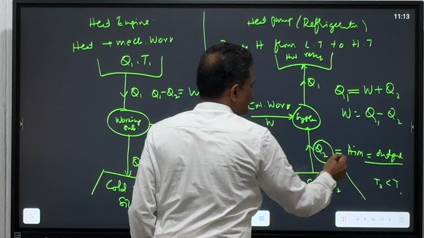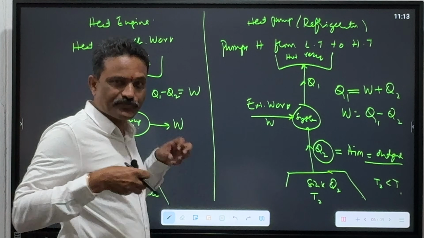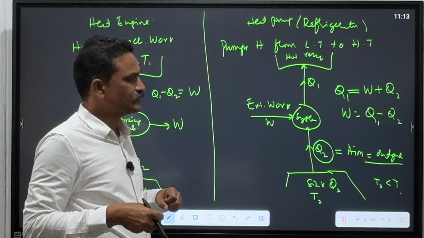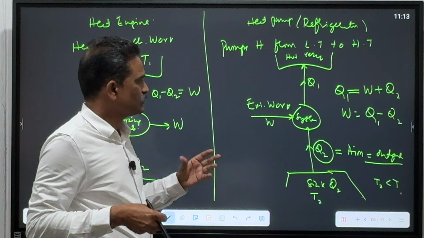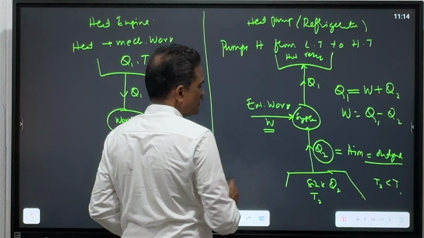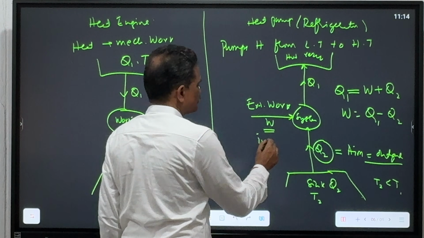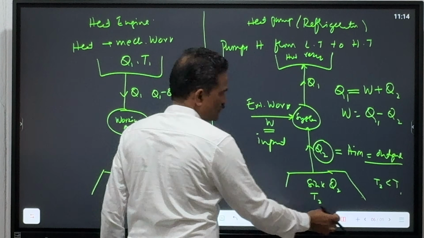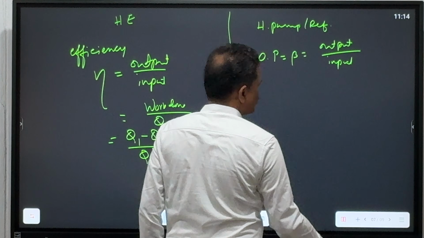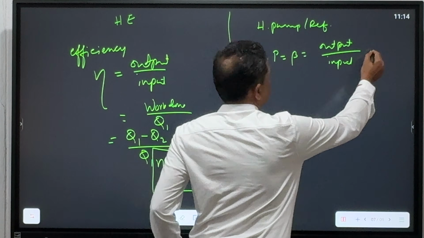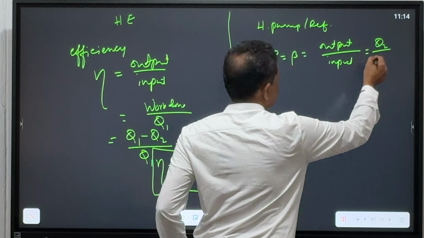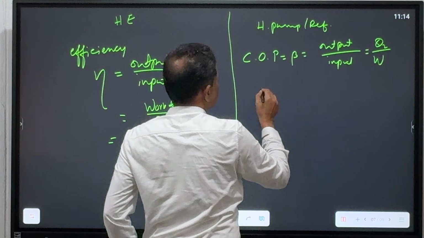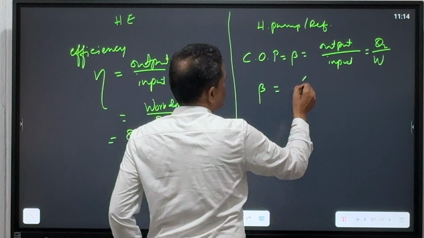I want to draw heat from the colder object. For this, the input is only W. So this is my output and this is my input. The output is Q2, my intention, and the input is W, so beta can be written as Q2/W.